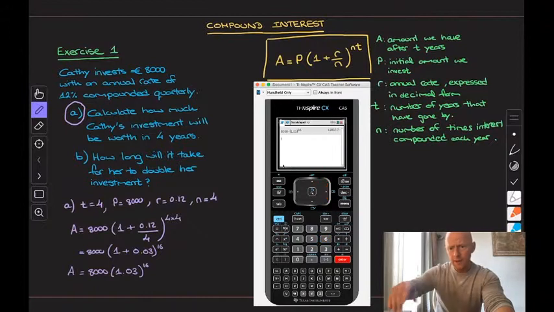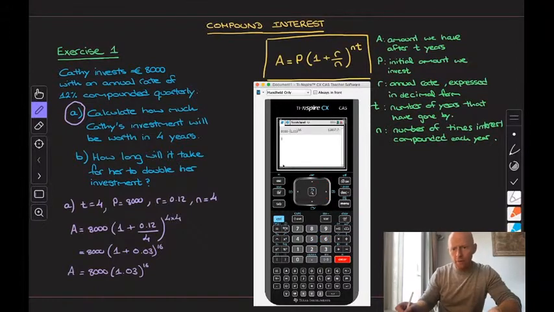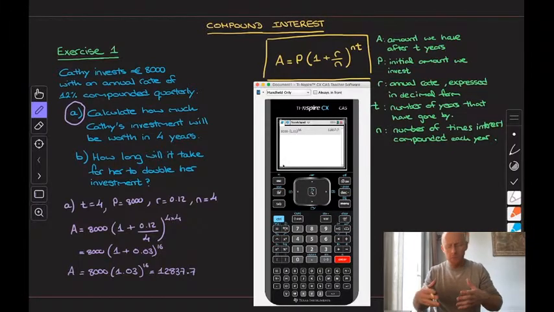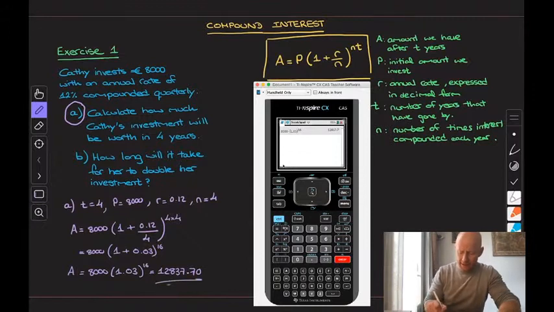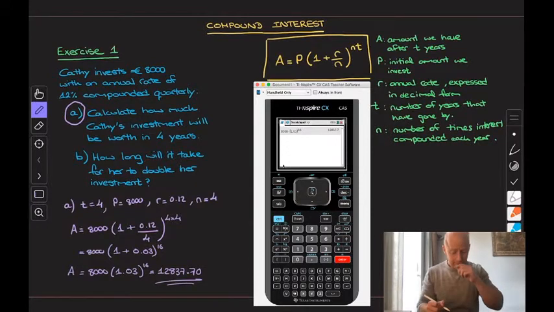Type enter, and that's how much her investment will be worth after 4 years. So if I try and write that down properly, that's 12,837.7. Okay, and technically we should always write any money, or I should say currency, with 2 decimal places, to go down to the nearest cent. Okay, that's the answer.